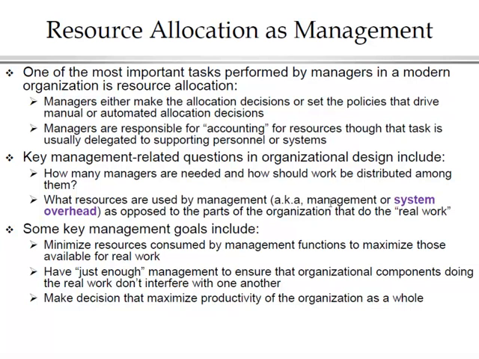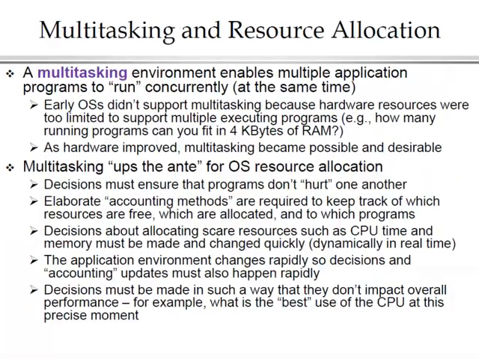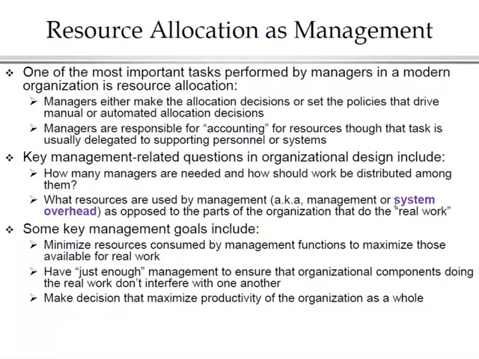But a key issue here, and this is that second point that I skipped over at the end of the previous slide, is a concept called system overhead. The system overhead concept is very straightforward. It is a way of looking at an organization that says there are people who, quote unquote, do the real work. If I'm in a factory, there are people who move the parts from the warehouse to the production line.